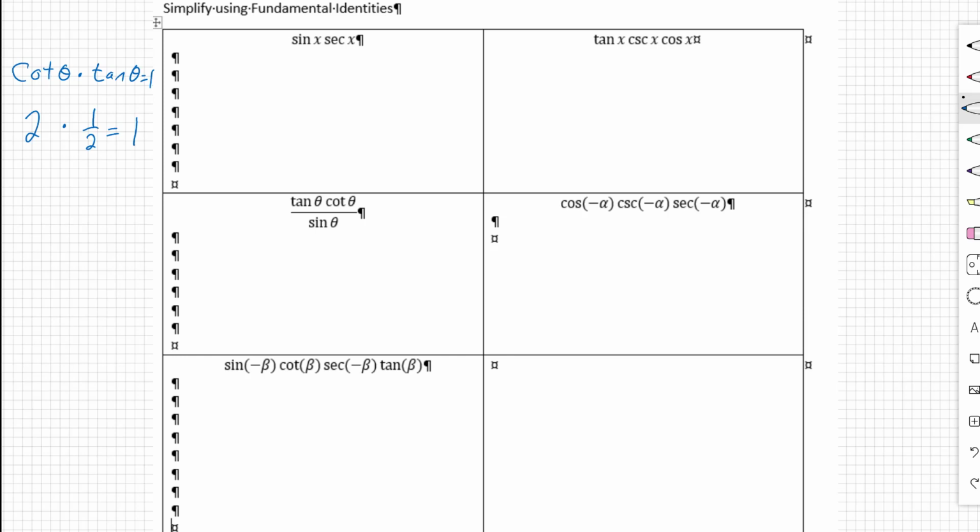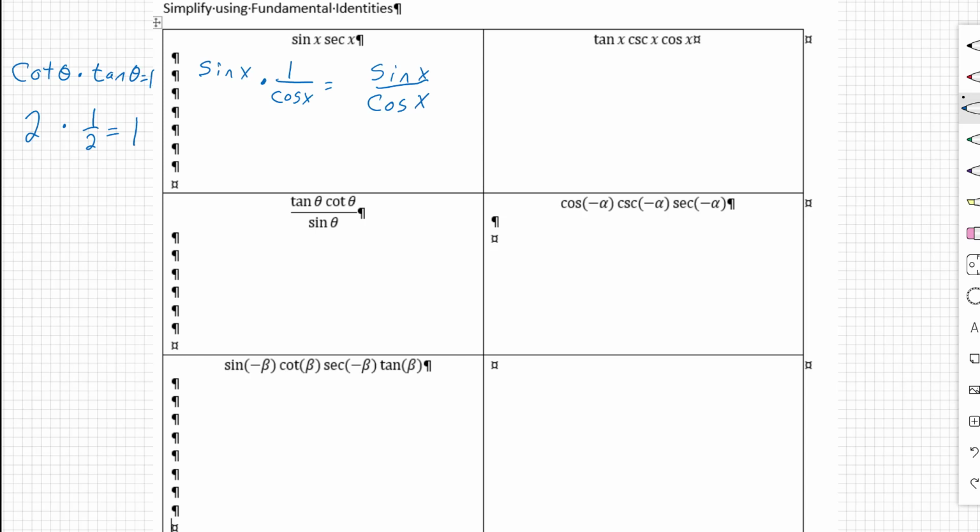I have sine x and secant x, and right now I don't see anything I can do with these two. However, I do know that secant is the reciprocal of cosine. So that means this is sine x times the reciprocal of cosine x, which would be sine x over cosine x.